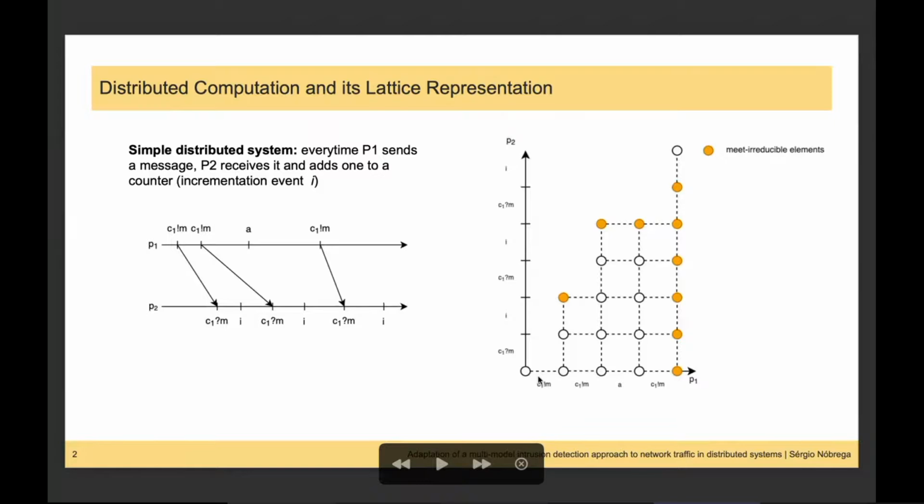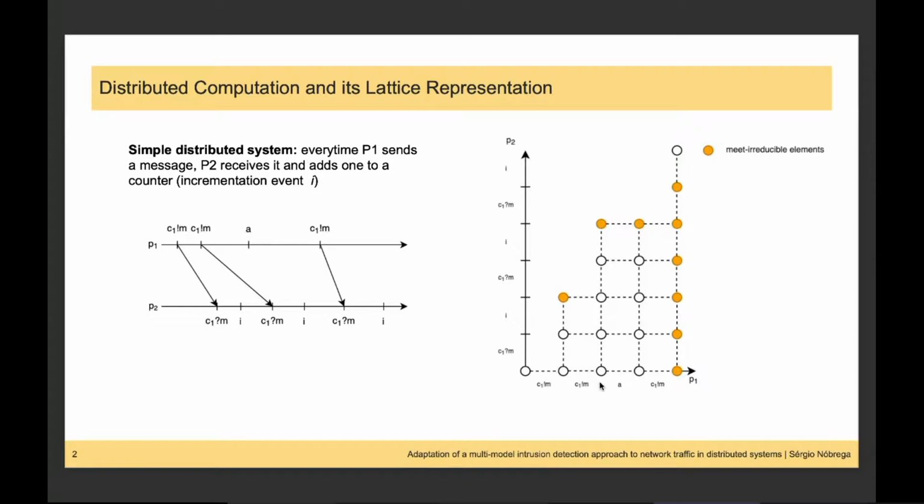But you can also send a message and receive it right away, and then run the counter for the receiving of the message. Basically, this structure is encoding all the possible concurrency that can happen here, and it's maintaining the partial order of all the events.